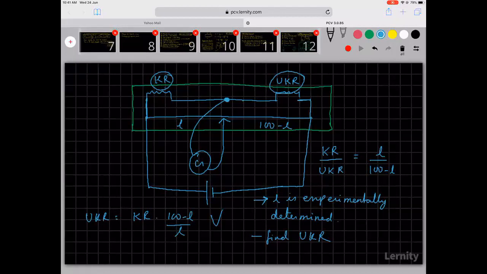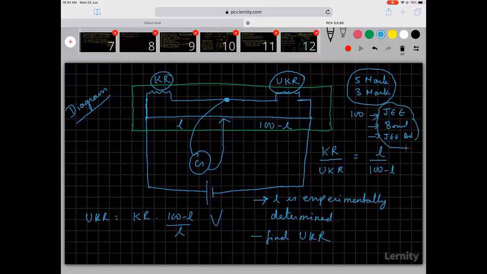So this diagram is very, very important. This meter bridge is a 5-mark or 3-mark question for you. It comes every year, 100% in your JEE Mains, 100% in your board exam, 100% in your JEE Advanced exam.